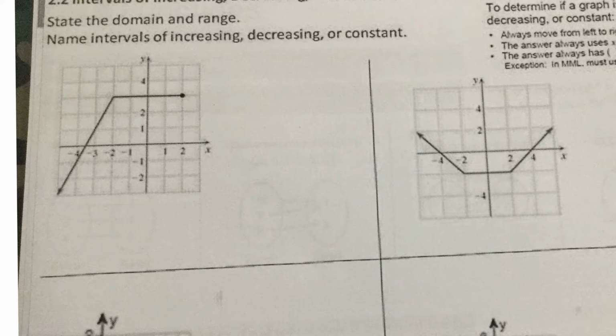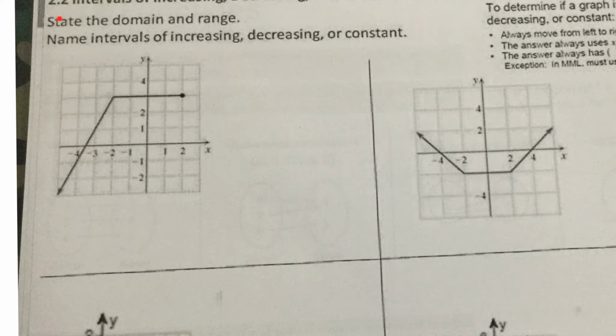You're able to tell the difference between these things. So we're going to look at intervals where the function is increasing, where it's decreasing, and where it's constant on a function. So we're looking for where those things are happening. So again, we're going to look at this like a timeline, like we read. We want to read the graph from left to right.